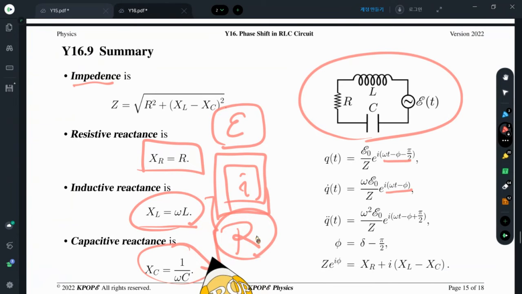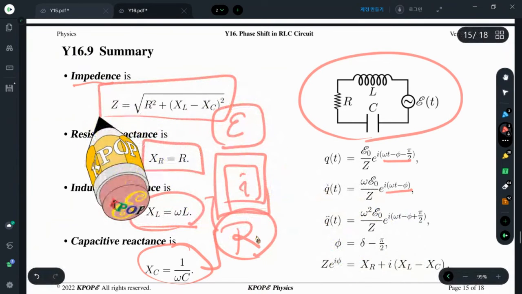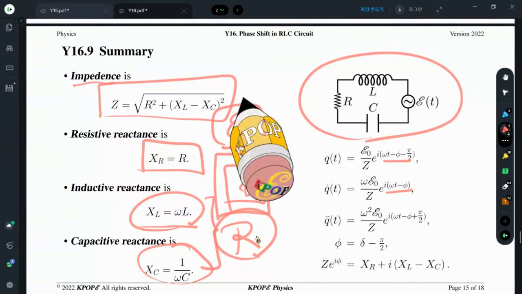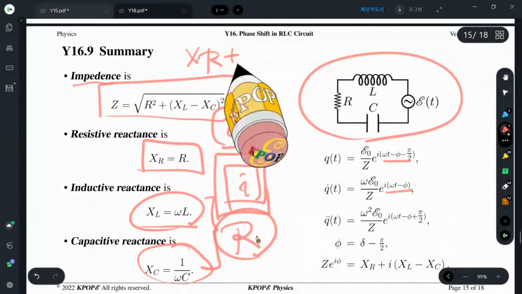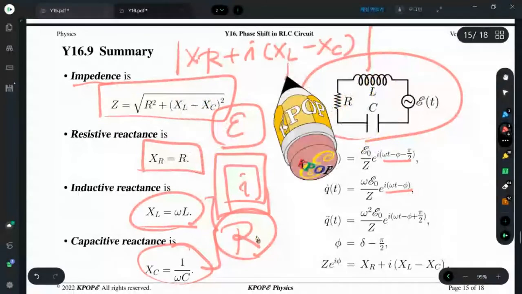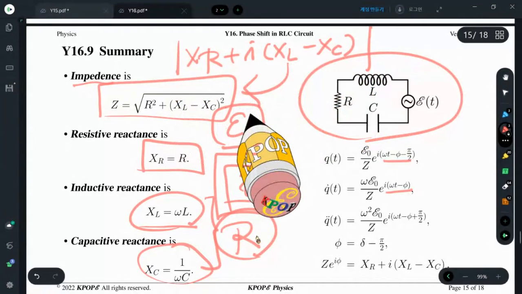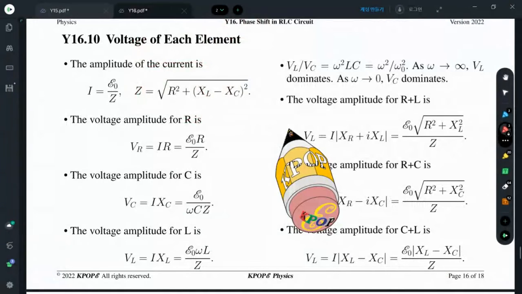And then the amplitude of the whole system is completely determined by this absolute value of the complex number Z, that is R, XR plus i, XL minus XC. And this absolute value is called impedance. So this impedance completely determines the amplitude and energy consumption, for example.